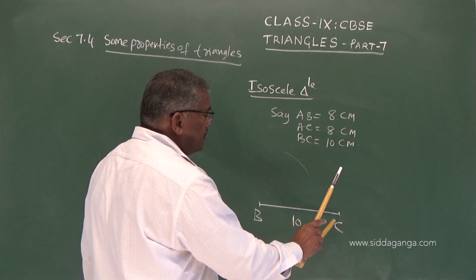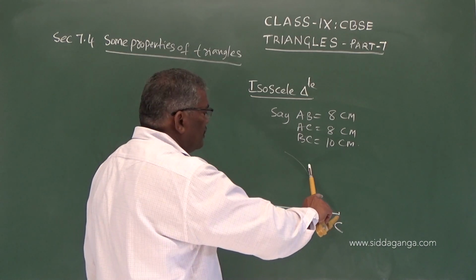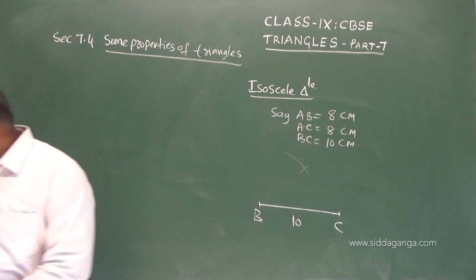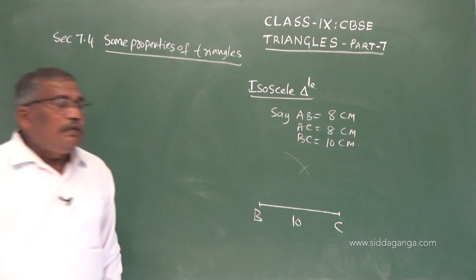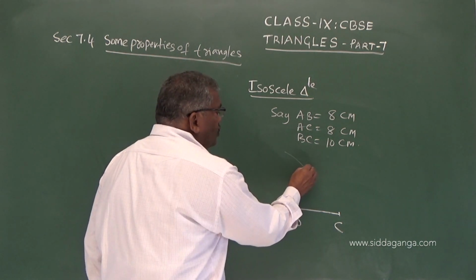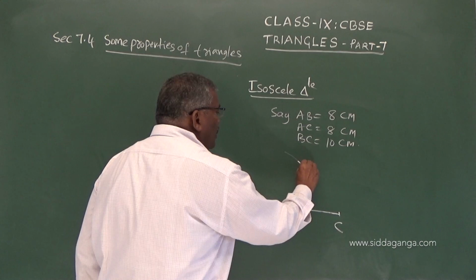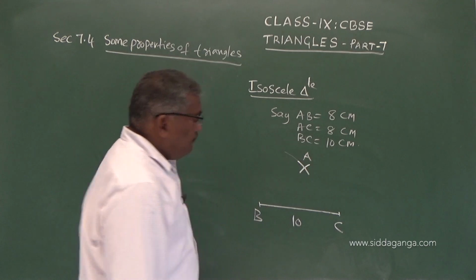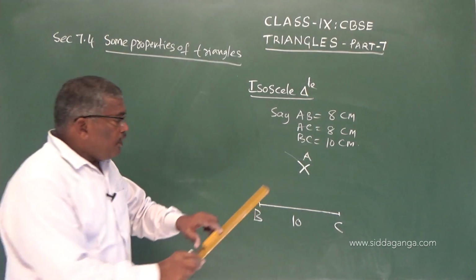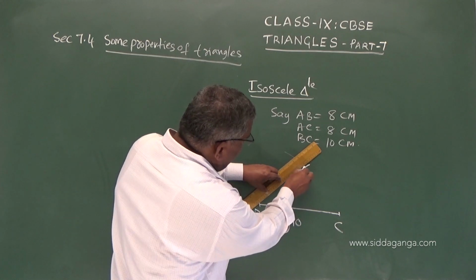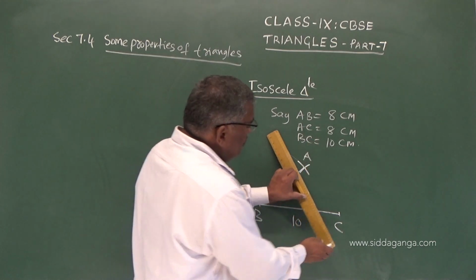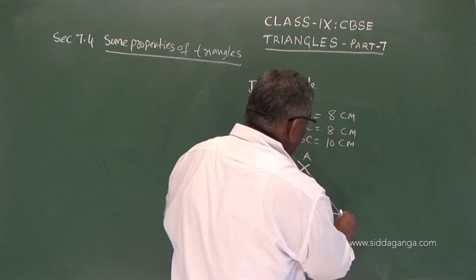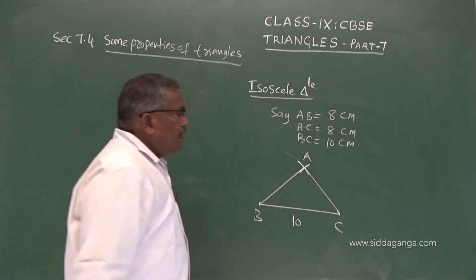Again with the same radius with C as center, let us cut another arc. I have cut two arcs, and they are intersecting at this point. So this is our point A, and if I join this point with B and A with C, you will get the triangle ABC.